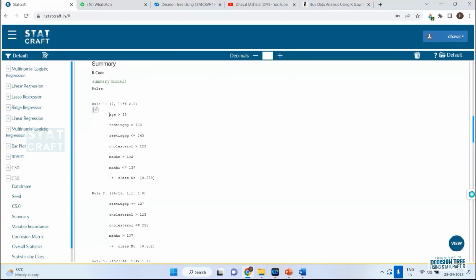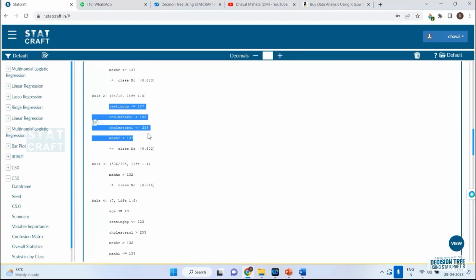You have to write the rule in if the age of the patient is more than 55, the resting blood pressure is between 130 and 145, cholesterol is more than 123, maximum hours of exercise is between 132 to 137, then the probability that the person will not have a heart disease is 88.9 percentage. So simple to interpret.